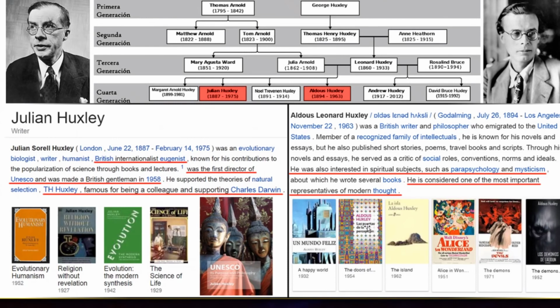He created the perception, the Doors of Perception, the island, where we can create humans to take advantage of, for the organs or the handwork or whatever you need, because they are just meat walking. And he also wrote the adaptation of Alice in Wonderland, which is a really occultist movie from Disney, with things like, for example, the demons. He was the brother of the guy who directed UNESCO.